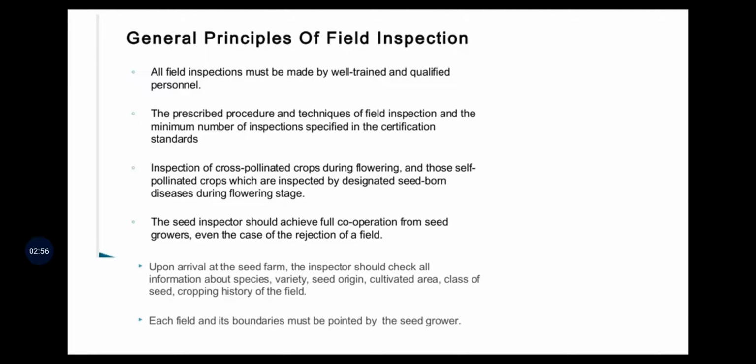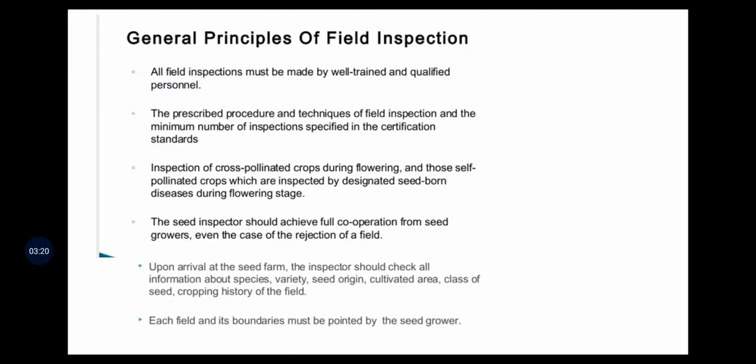For self-pollinated crops, the number of field visits required is less as compared to cross-pollinated crops, because in cross-pollinated crops the contamination from other pollen sources will be more. So during the flowering stage the designated diseases should be taken care of.